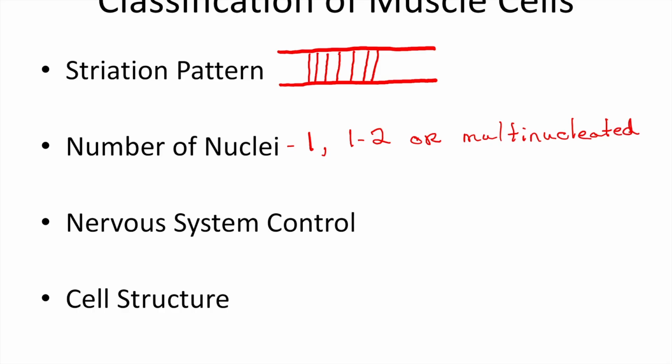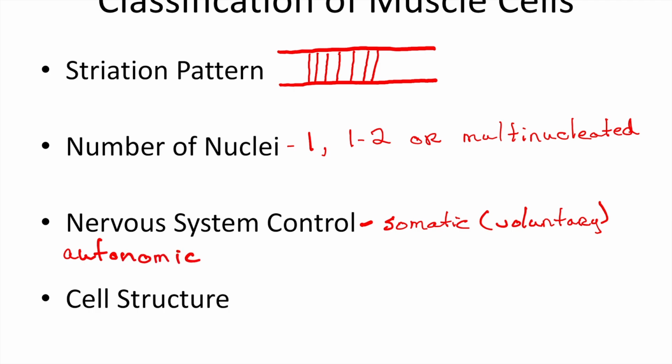Another thing that varies between muscles is nervous system control. Is it somatic, which means voluntary, or is it autonomic, which means involuntary?